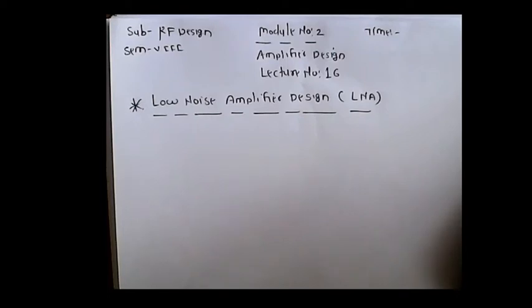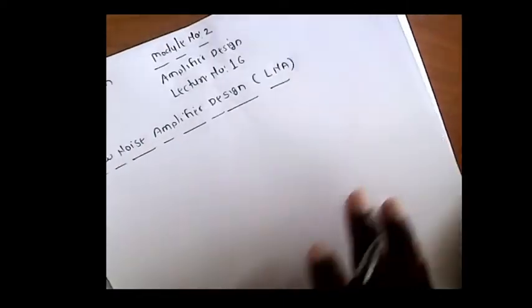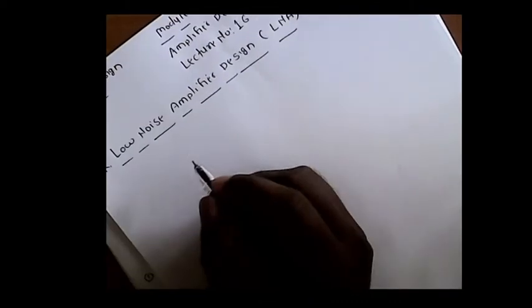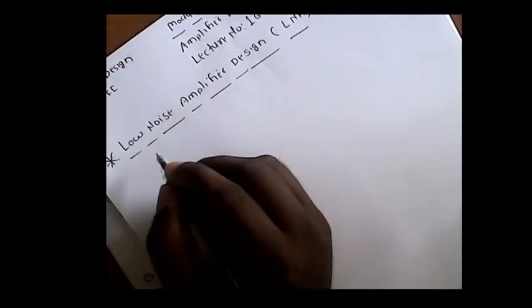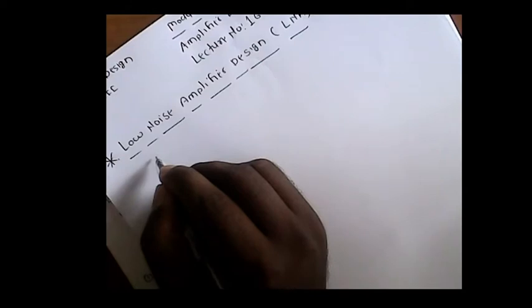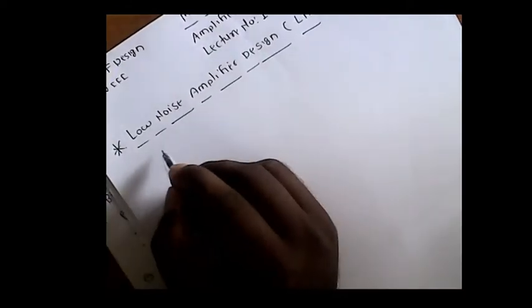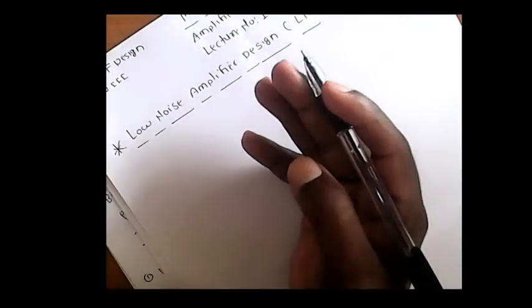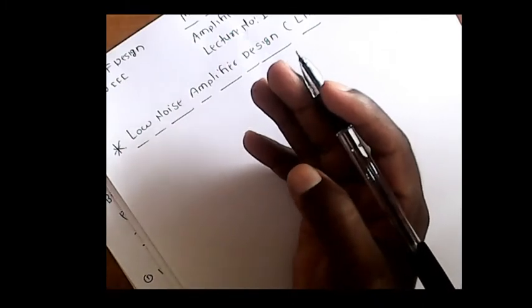Stability and gain are the two important parameters, and another design consideration for a microwave amplifier is its noise. In the last lecture we discussed stability.